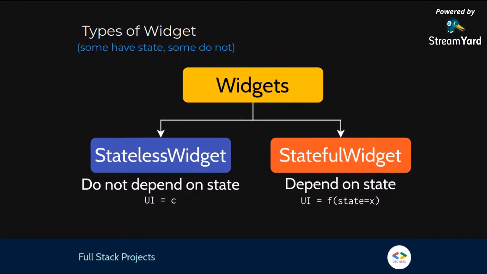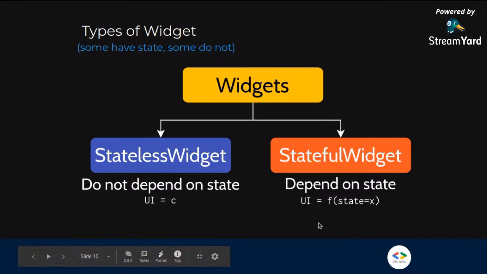So however many times you change the state variable, the appearance and the behavior of the stateless widget will never change throughout the life cycle of the app. So it is constant. Whereas a stateful widget can change its appearance if we change the value of the variable. So it has variable state.